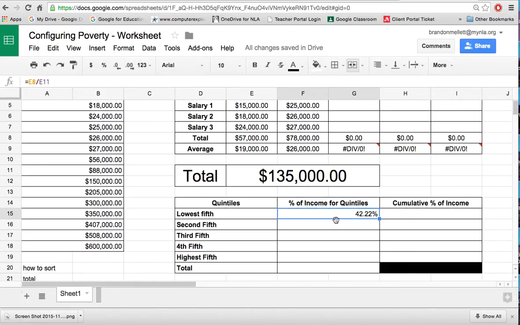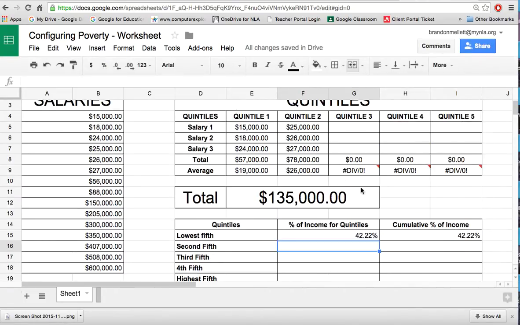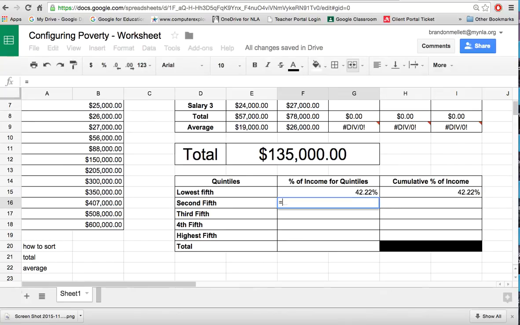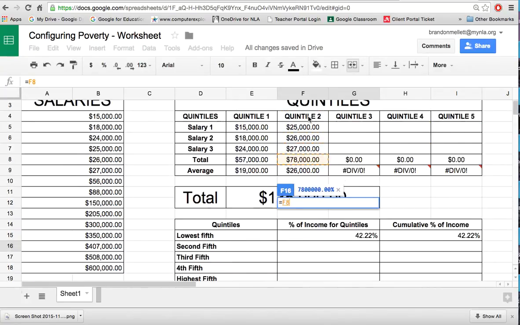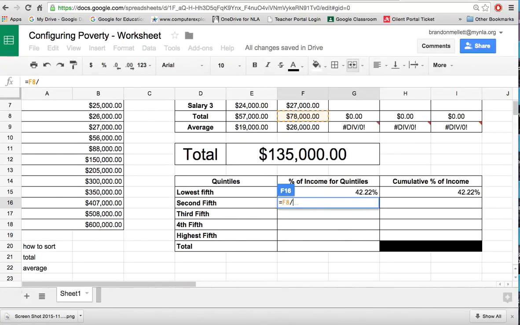Now, to find the cumulative income, we just begin adding all of the quintiles together. Since we've already done one quintile, it would be the same amount for this one. Okay, let's do the next one. So, the next one, we would take 78,000 total for this one, quintile 2, divided by the total, and we would see this would be 57%.